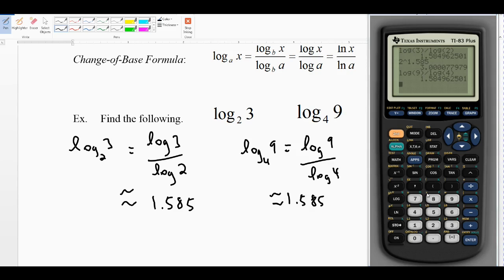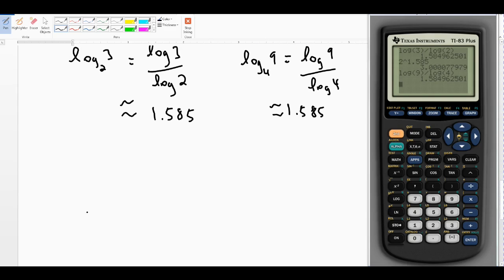And there are reasons for that. Let's just do one more, just so you know that we don't always get the same answer over and over again. Let's do log base 2 of 27. So let's think about it for a second. 2 to the 4th is 16, and 2 to the 5th is 32.